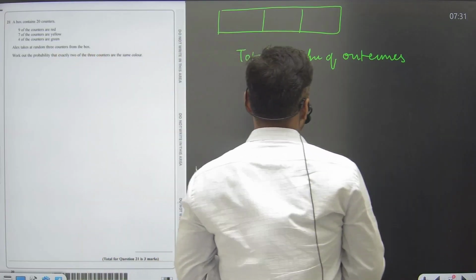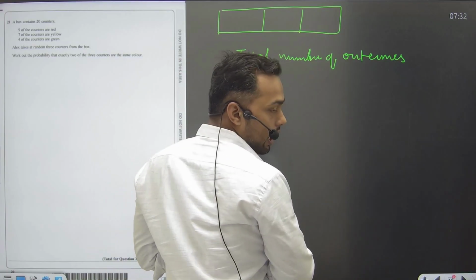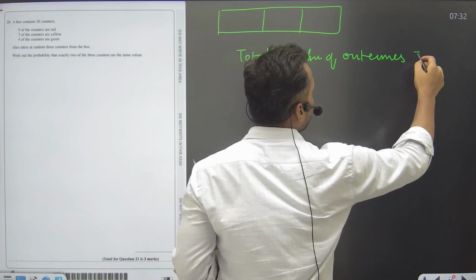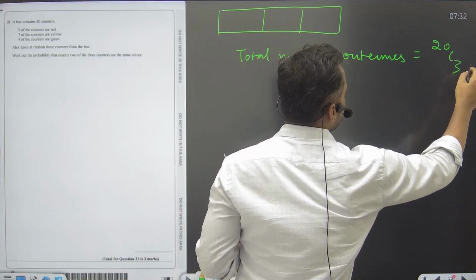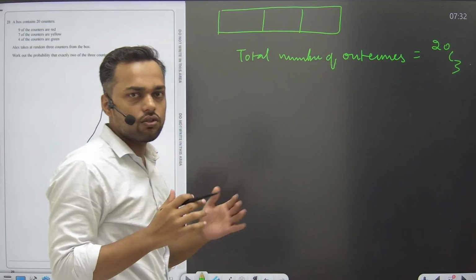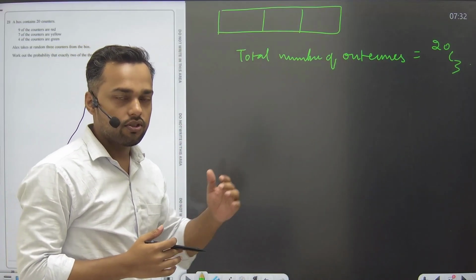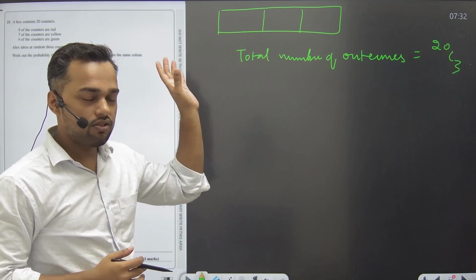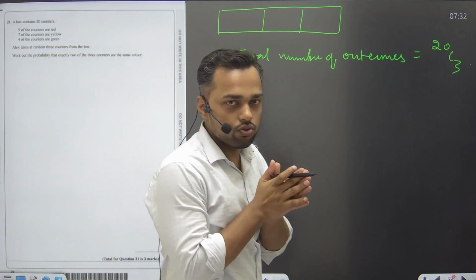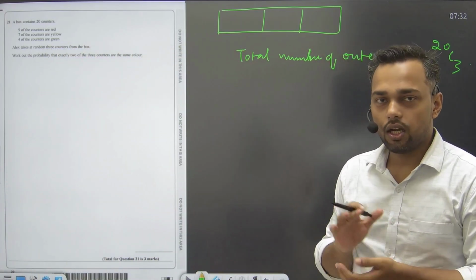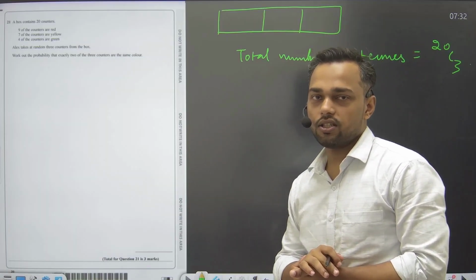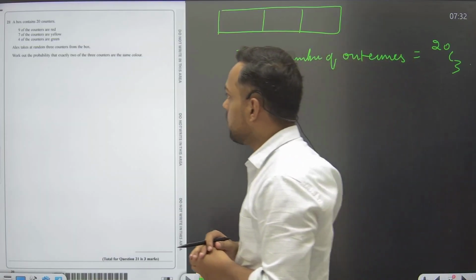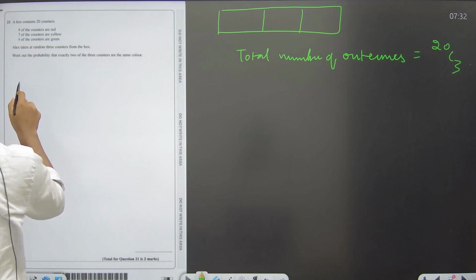So the total number of outcomes in this case will be 20C3. We need to choose 3 counters out of 20 counters, so in how many possible ways is it possible? That is 20C3.